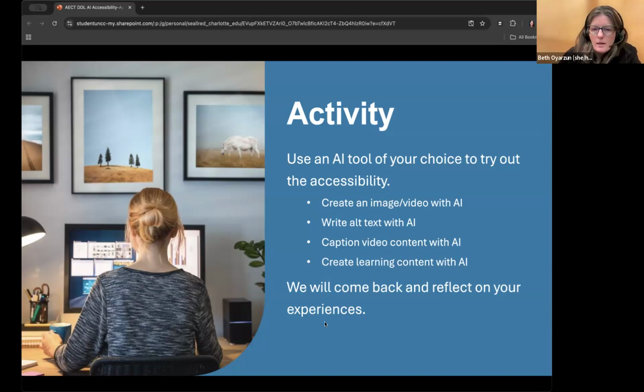I think that we've been adding the links to the shared document. So maybe we can put the shared document in the chat again. Use an accessibility checker, see if that's accurate. Did it miss something? However you would like to do. Get your hands dirty.